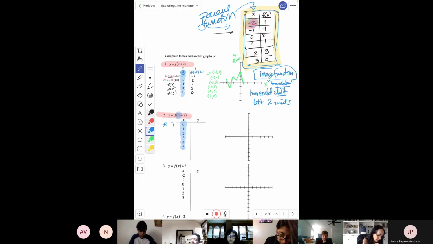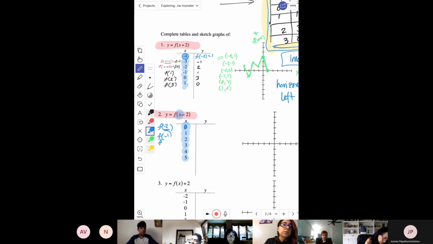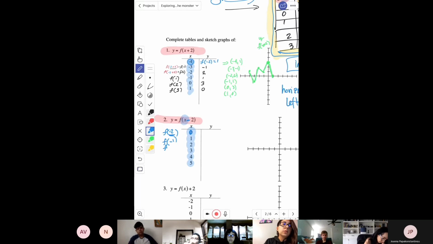So can somebody tell me what is the input once I take this x value and subtract 2 from it? What am I really looking at, the input to f? What should go here? -2. Excellent. What about the next one? -1. And the next one? 0.